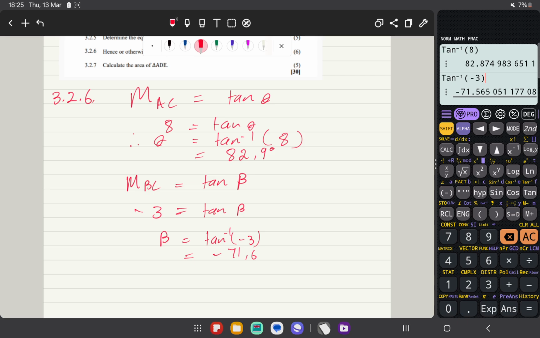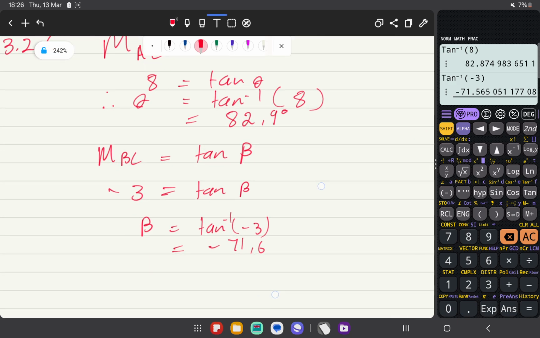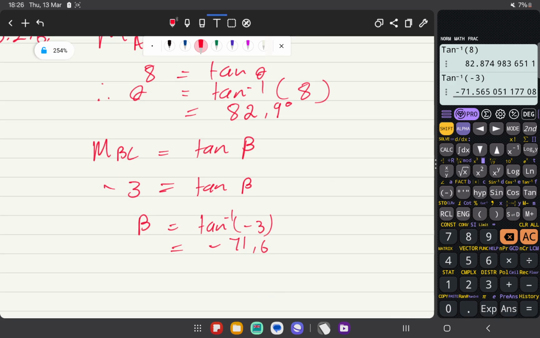How do you think we deal with it? I know you know the answer, but just think about why and how. Now that you have thought about it, how we deal with these negative angles, you're just going to do what?